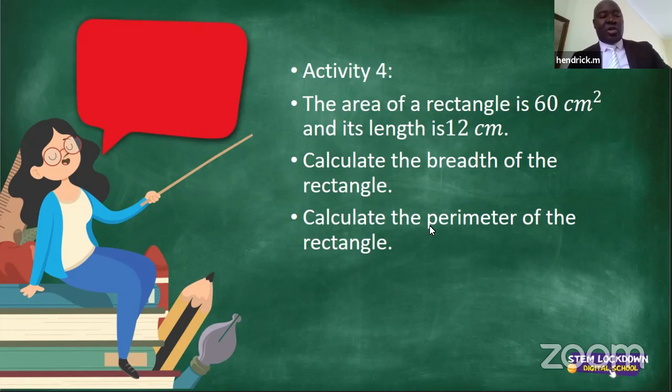Then we can proceed to calculate the perimeter. Now that we have the breadth, which is 5 centimeters, how would we calculate the perimeter? Remember that the perimeter has got a formula as well. The length is 12 and the breadth is 5. How will you calculate the perimeter?